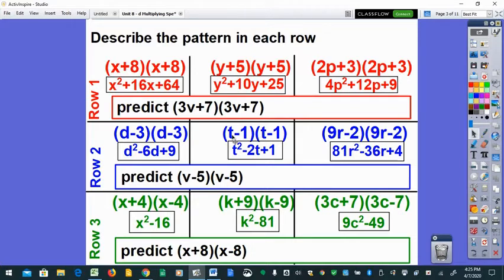T squared, we have minus 1t on the outer, minus 1t on the inner. So 2 times minus 1t would be minus 2t, and a negative 1 times a negative 1 is a positive 1.